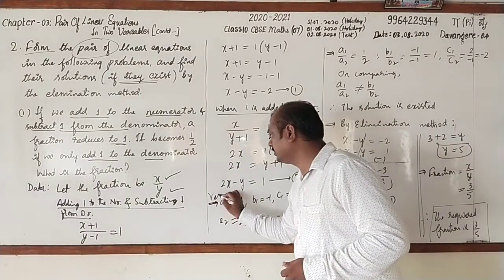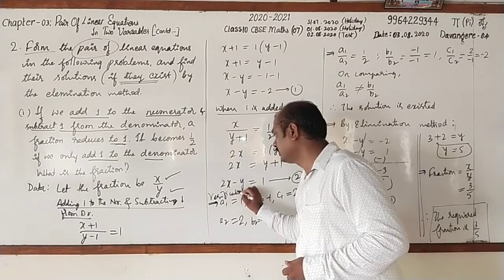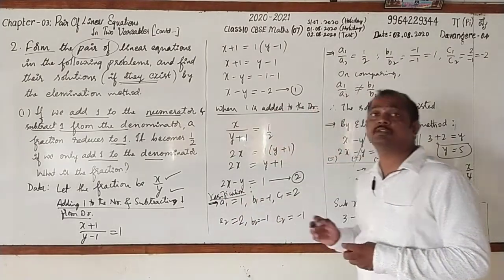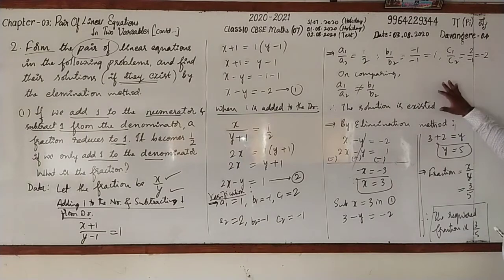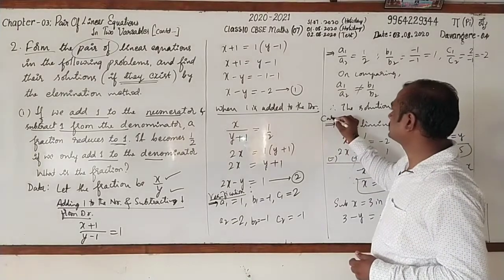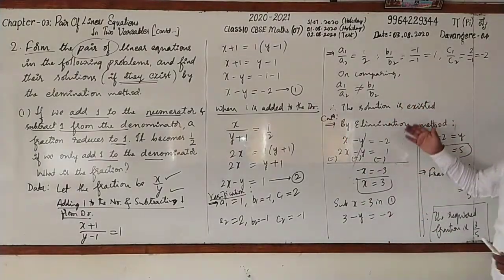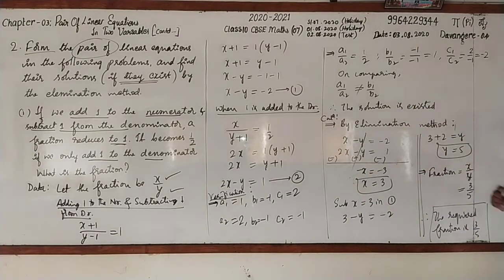You can also write here verification for checking whether the solution exists. After confirming the solution exists, we calculated. So this is the calculation part. In the calculation part, we used the elimination method. From the elimination method, finally we got the fraction 3 by 5. Hope that you have understood.